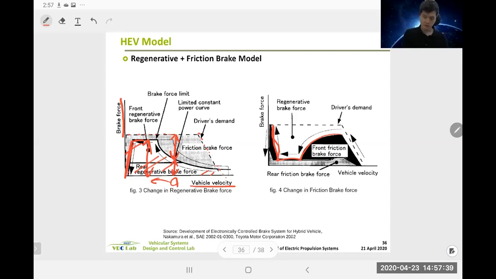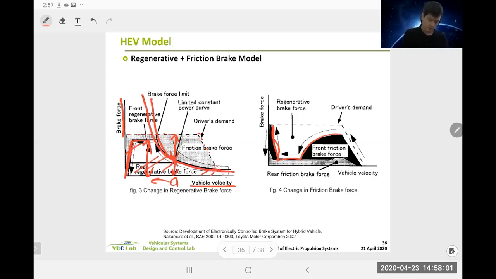What does that mean? From an energy and power perspective, remember this line is a constant power line.